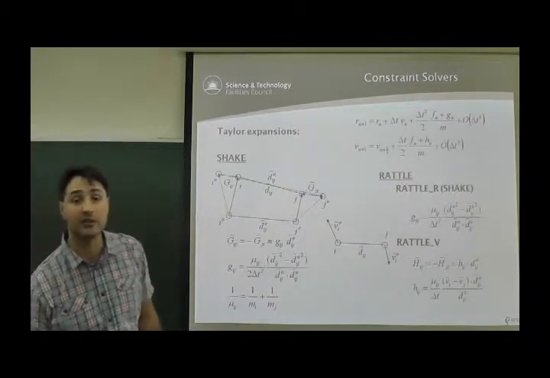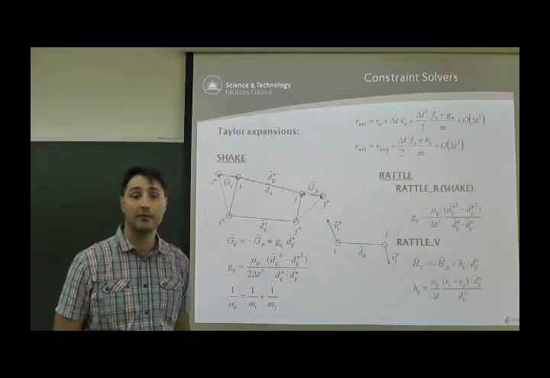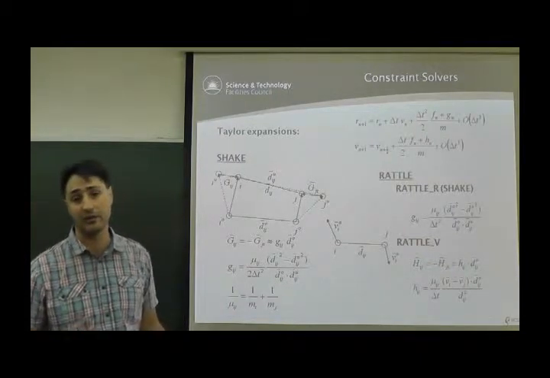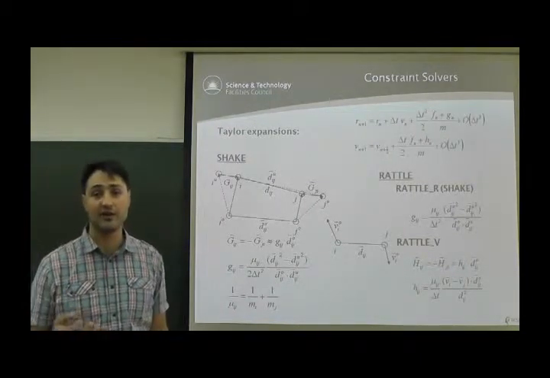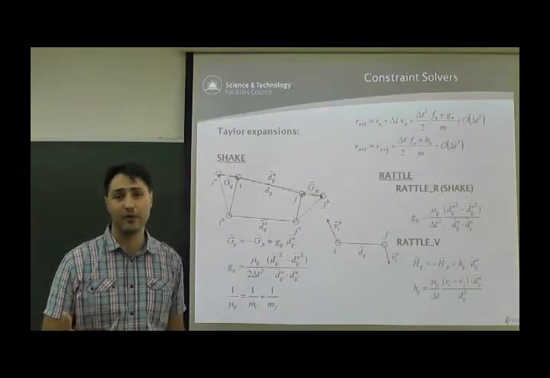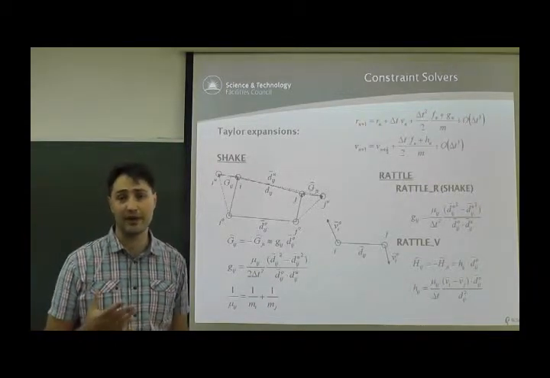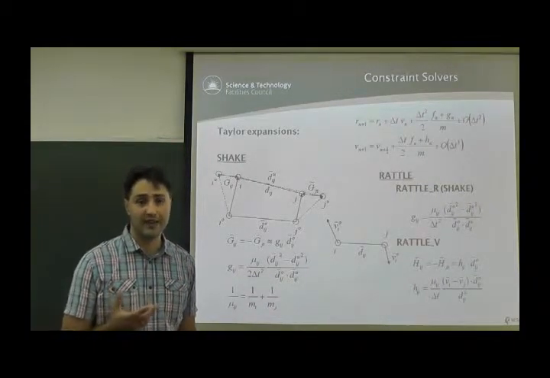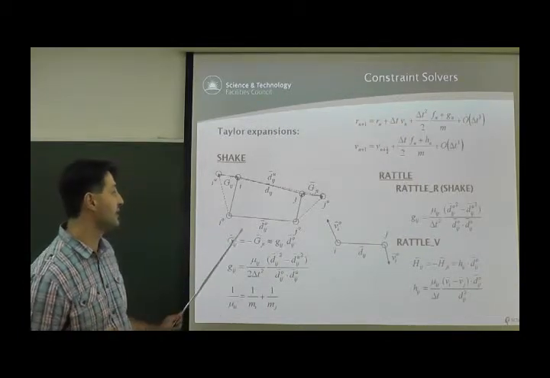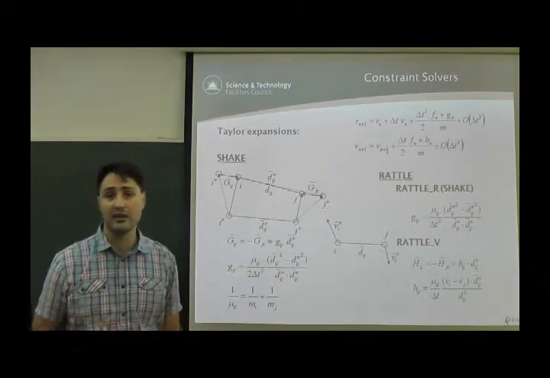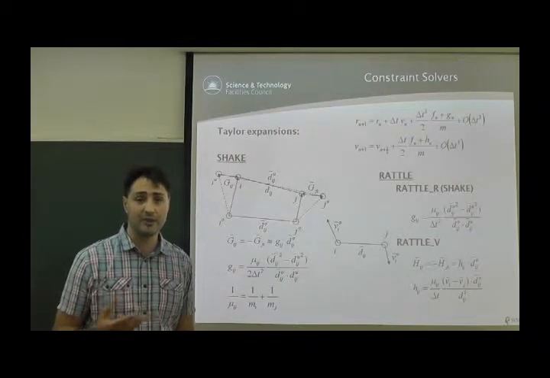A few words about the constraint solvers. As I mentioned earlier, in order to reduce the vibrations of bonds, we can impose rigid bonds, so particles should move together so that the distance between them is preserved. It is very simple to apply this concept.